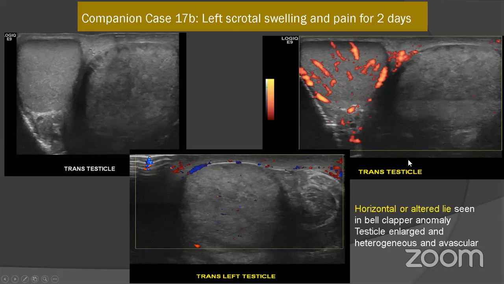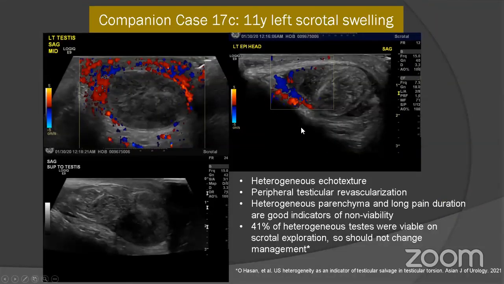So this testicle has torsed and undergone infarction. And a more advanced case of testicular torsion is where you see peripheral testicular revascularization from collaterals. And this is a good sign. When you see a heterogeneous testicle, there is a high chance that the testicle is not viable, but it should still be given the test of surgical exploration, as this is not definitive.